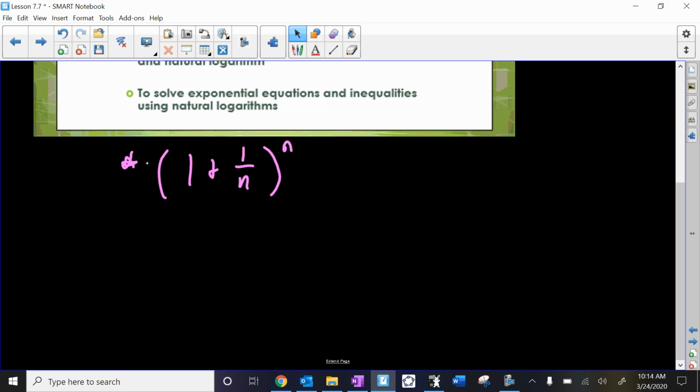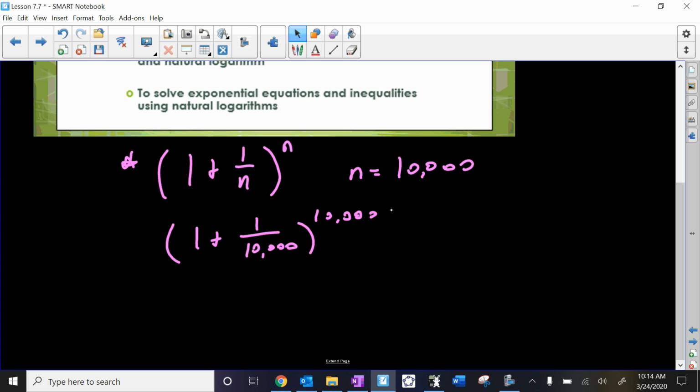We're going to just plug in values for n. I'm just going to say let's plug in a big value to start with. You can plug any values in for n, but let's just say n is equal to 10,000 for now. If you plug 10,000 in for n, 1 plus 1 over 10,000 to the 10,000, that number should get us really close to e.